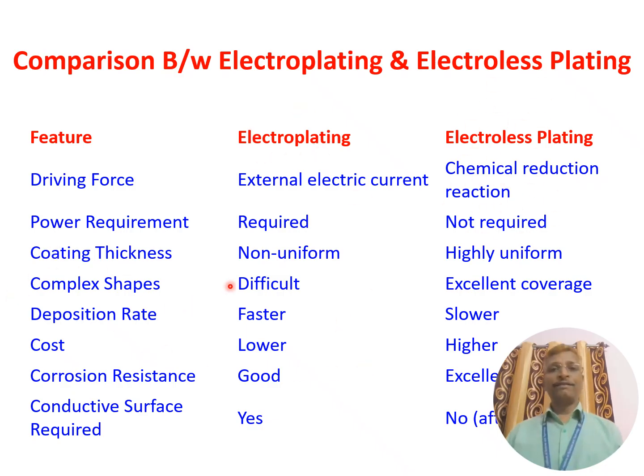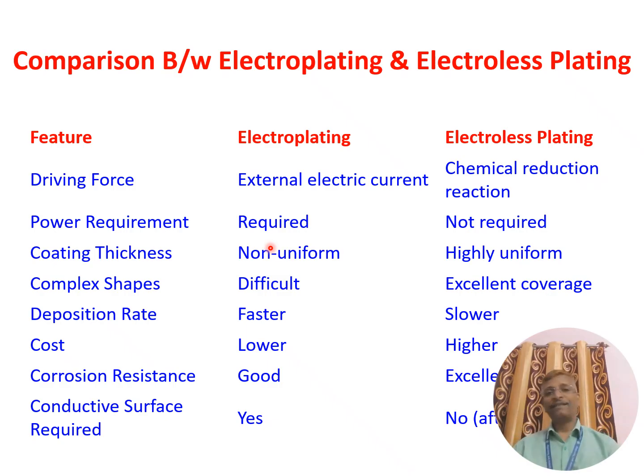Coating thickness: here it is non-uniform, here it is highly uniform. Complex shapes are difficult here, here it is excellent coverage. Deposition rate is very fast in electroplating, here it is very slow. Cost is lower in electroplating, however it is high here due to the higher chemical costs. Corrosion resistance is good, and very effective, in electroless plating.